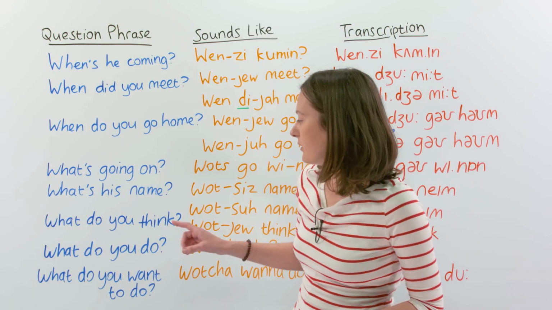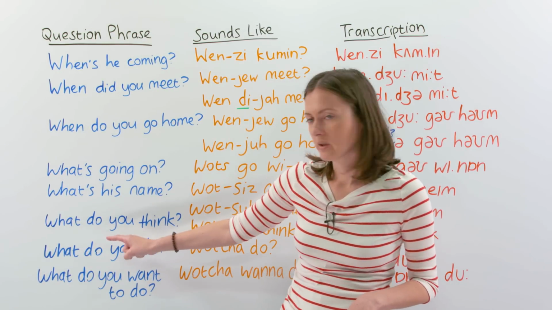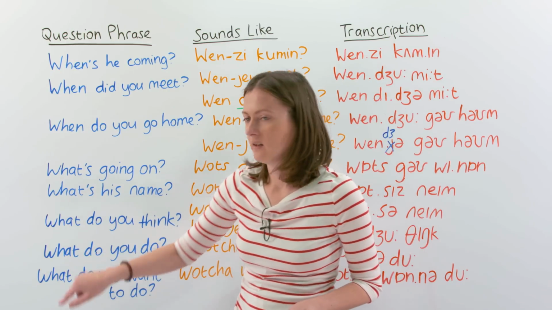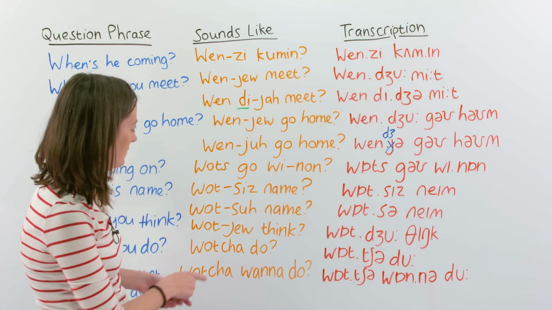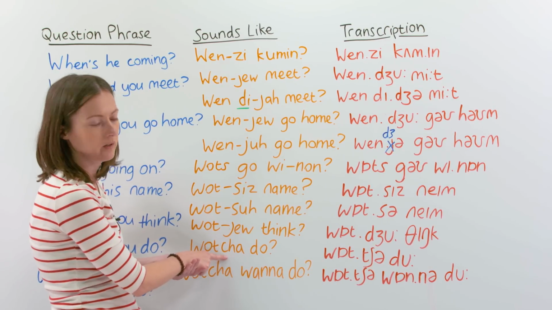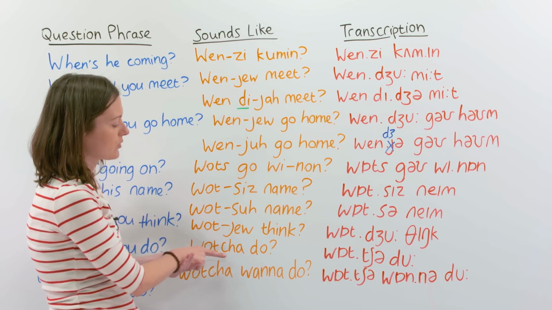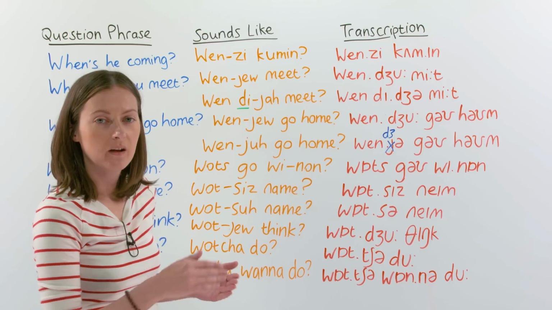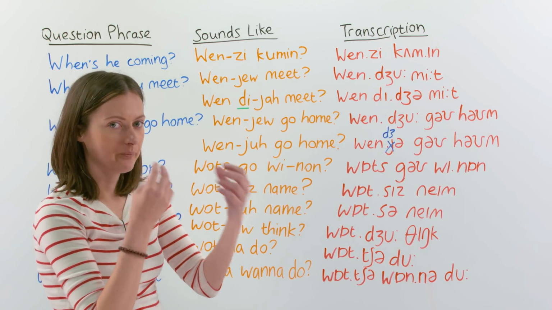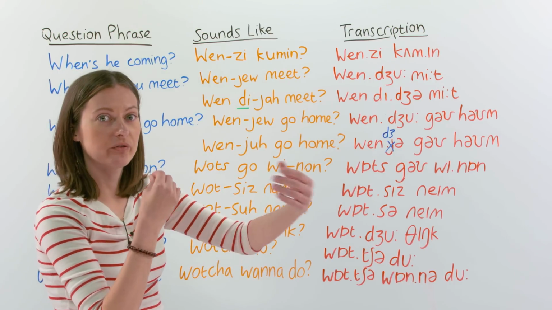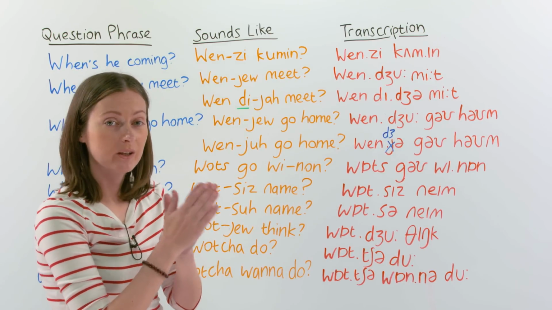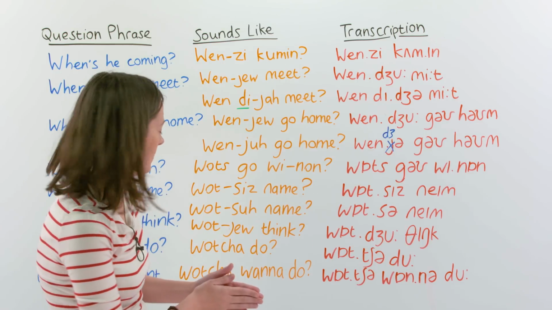So how do we go from what do you, with a D, to... Where does the ch come from? Watcher, watcher. Where does that come from? We change the sound because this way it rolls off the tongue a lot more easily. It's a lot more flowing and a lot more natural. We completely change the sound there.